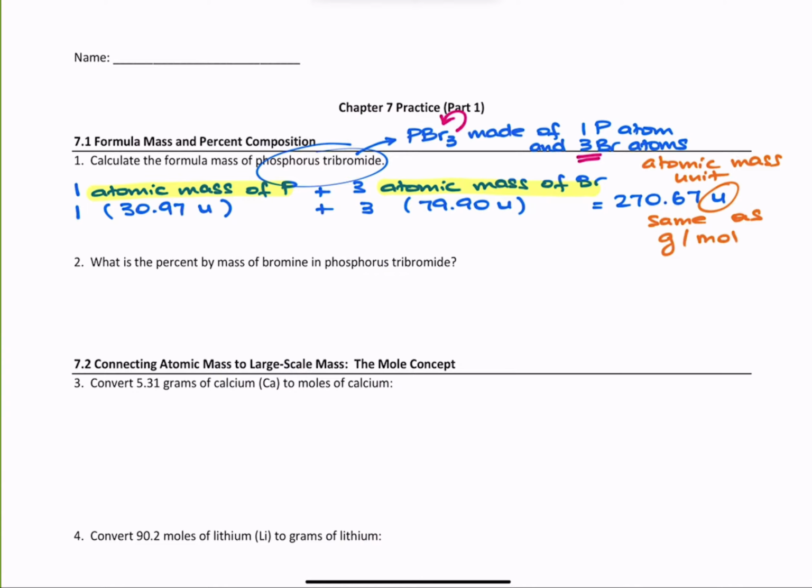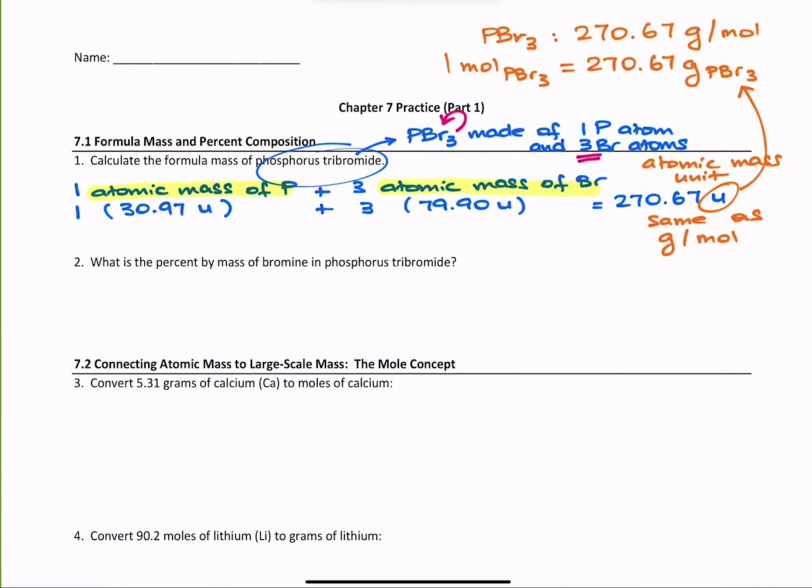So you can easily replace U by gram per mole, which means that PBr3 has a molar mass of 270.67 gram per mole. 1 mole of PBr3 weighs 270.67 gram of PBr3. And we find again the relationship that we talked about in the previous worksheet.